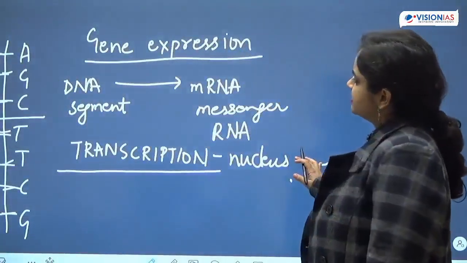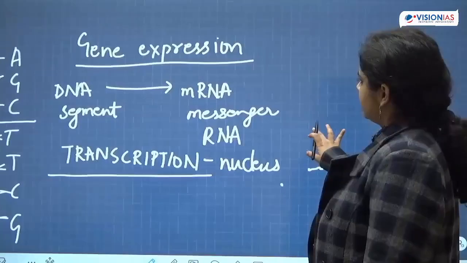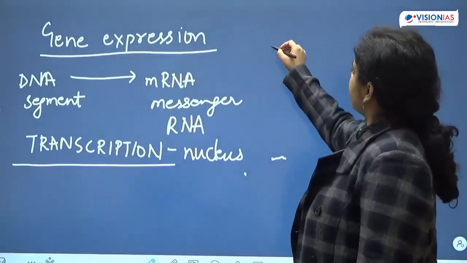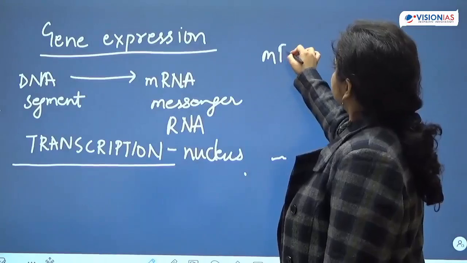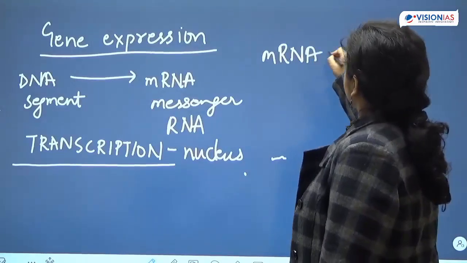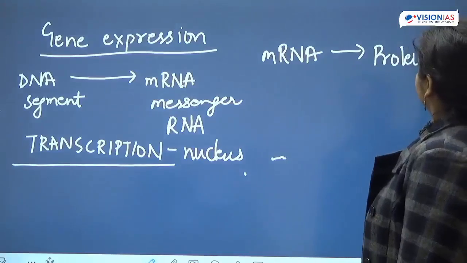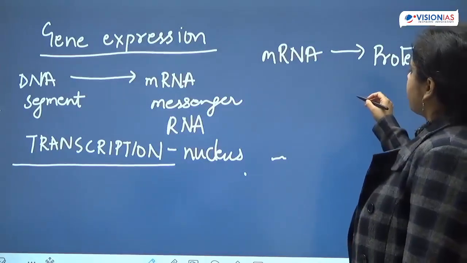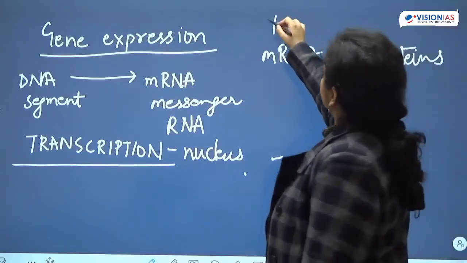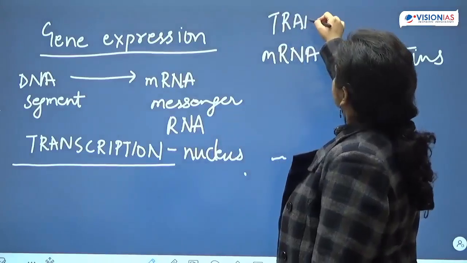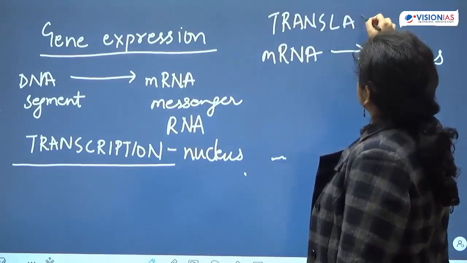Once this messenger RNA is produced, it goes out and this messenger RNA takes the information for production of the specific proteins, and this process is called translation.